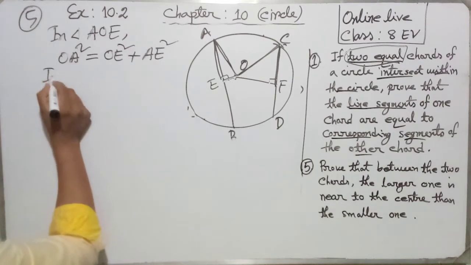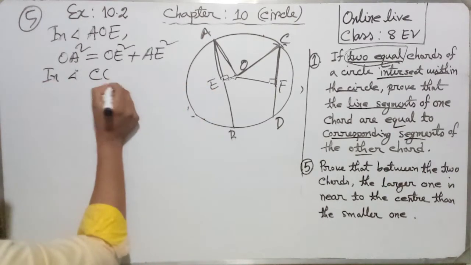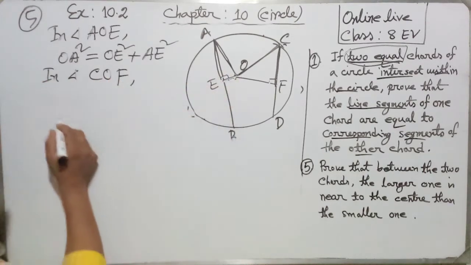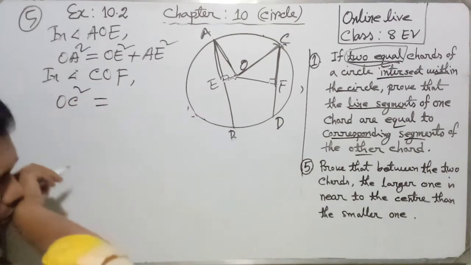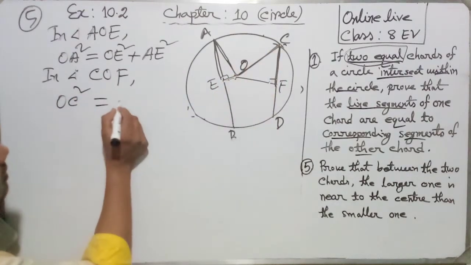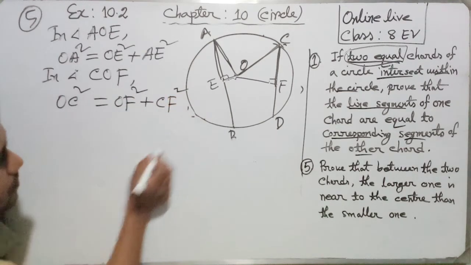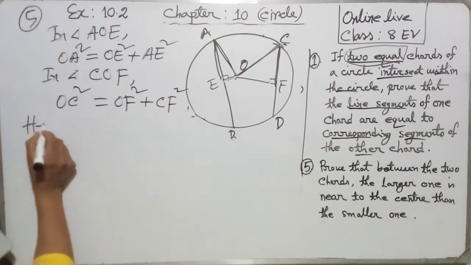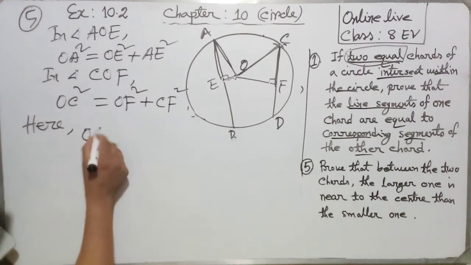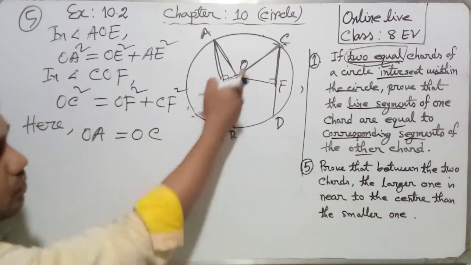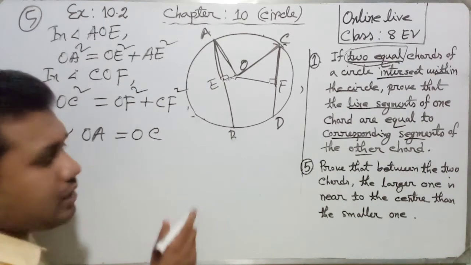Similarly in triangle COF, we can write OC square equals OF square plus CF square. Now dear students, here OA equals OC. Why?